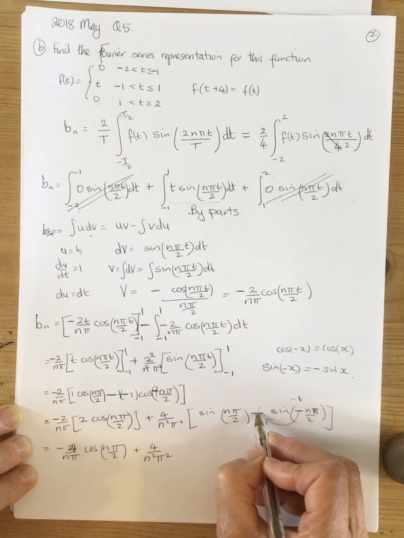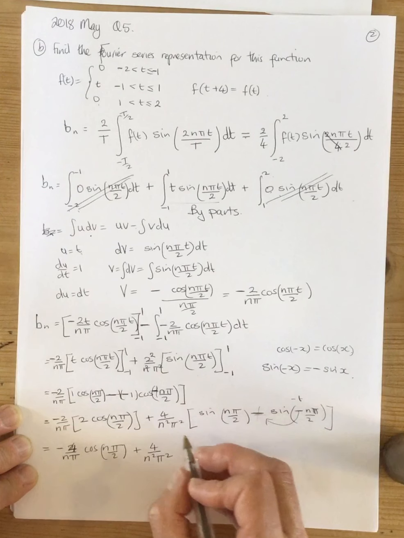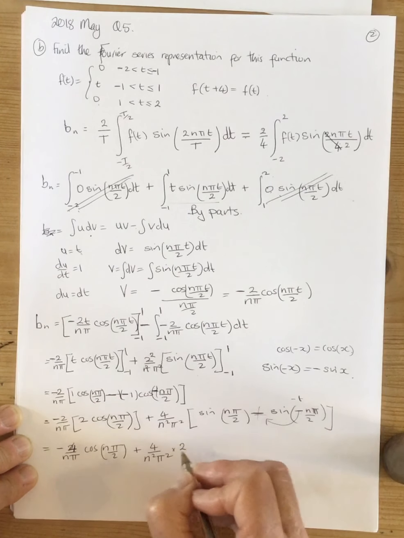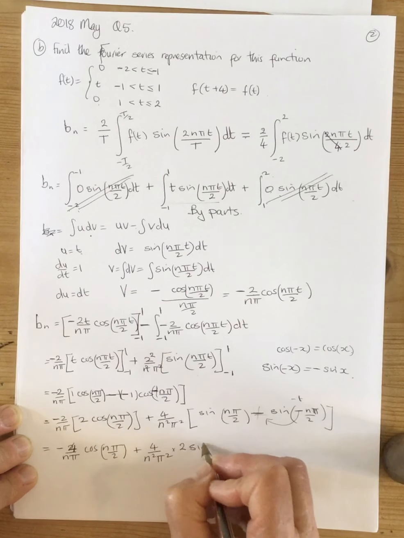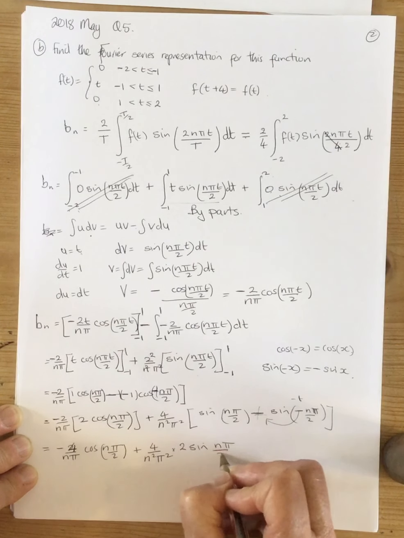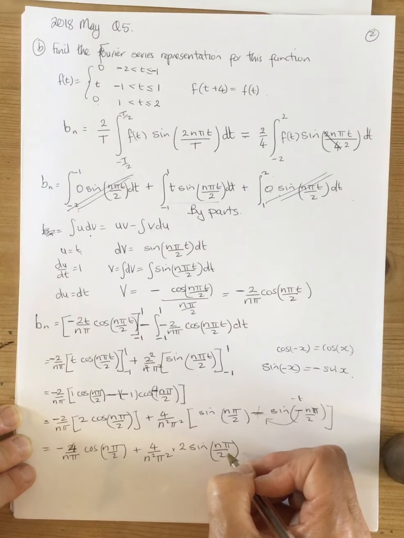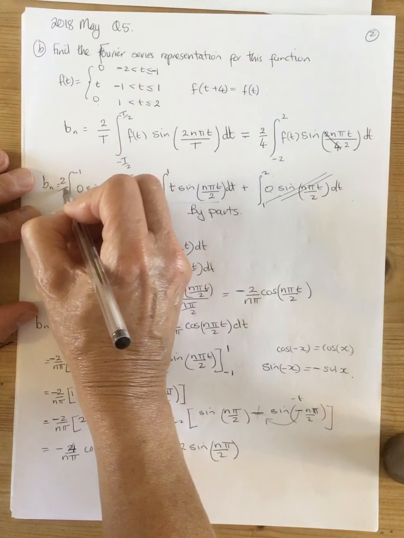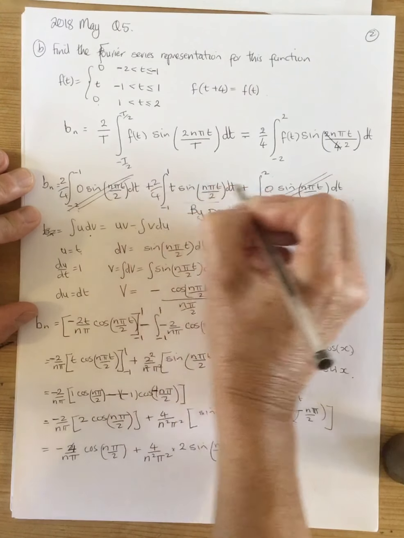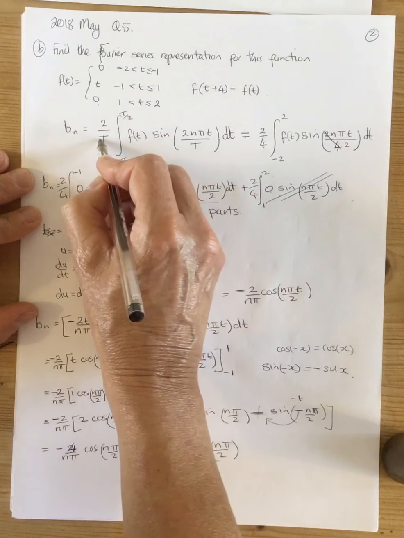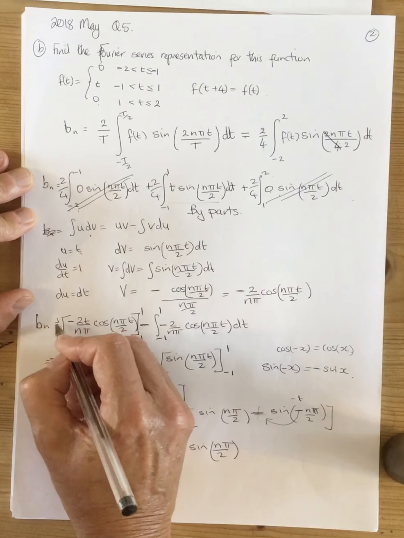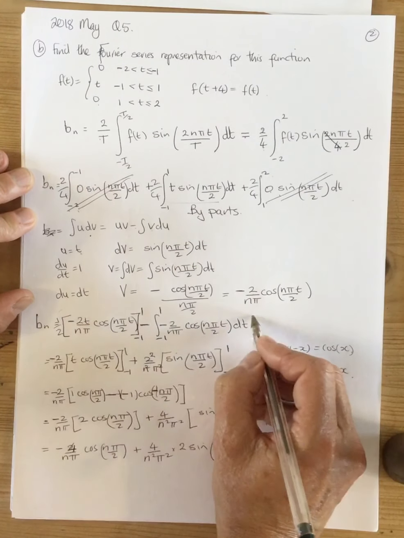That minus comes out, making this minus a plus, and we'll have 2 of these sines, times 2, multiplied by 2 sine n pi over 2. Okay, I forgot from the very beginning about the 2 over t, which would be 2 over 4, which makes that a half. So this should be a half the whole way down on all of this.